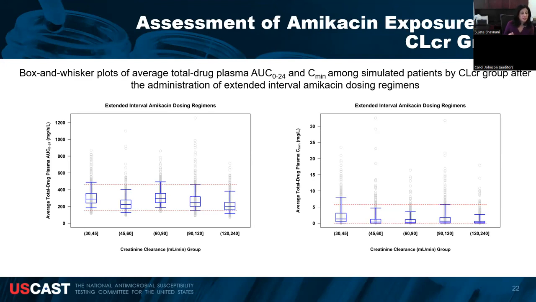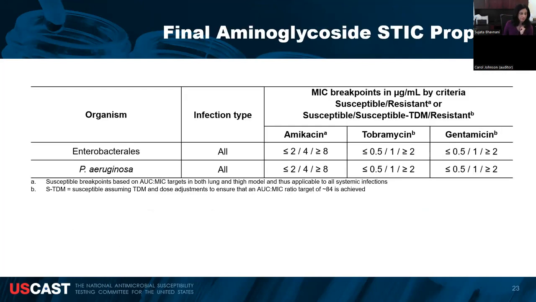And if you look at the Cmin, you can see that patients are in that range that we would want to be under, less than 8 for dosing as well. So empirically, we're already there in terms of what we're trying to do with empiric dosing. So maybe it isn't such a stretch to use those goals when we think about TDM, even in the absence of safety data. And again, this is something we'd like your input on.